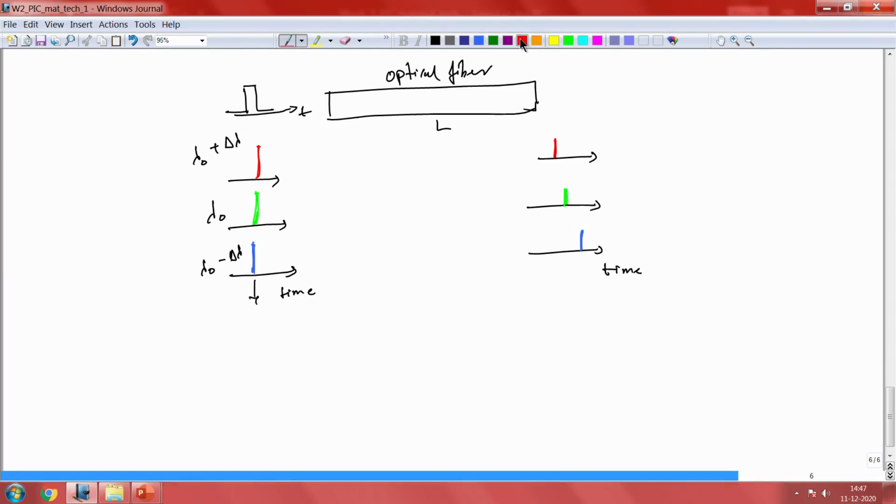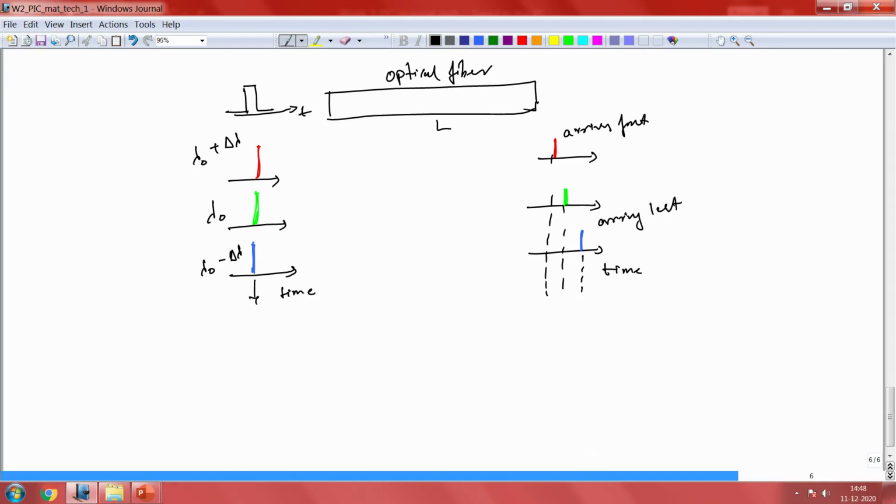So you can see here already they arrive at different periods of time as a function of wavelength. So this is arriving first, no, it is the other way around, this is arriving last. Because of this, you will have pulse broadening.